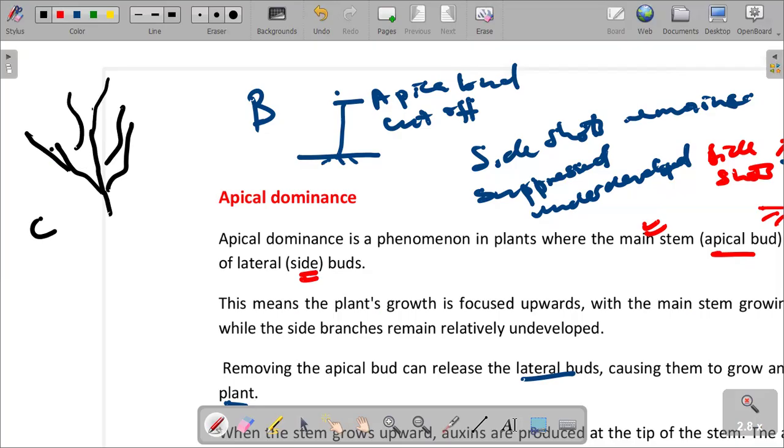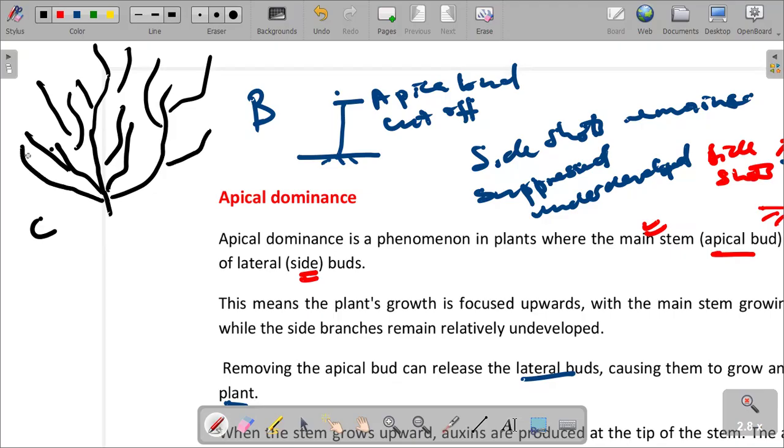It becomes bushy. Instead of being only one stem, it has a lot of branches or stems. So it moves to structure C, whereby many branches develop.